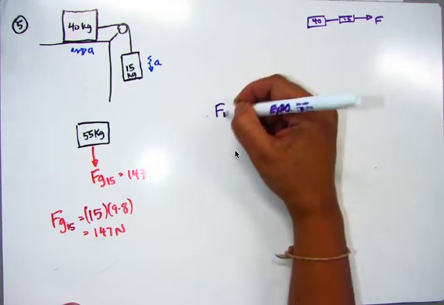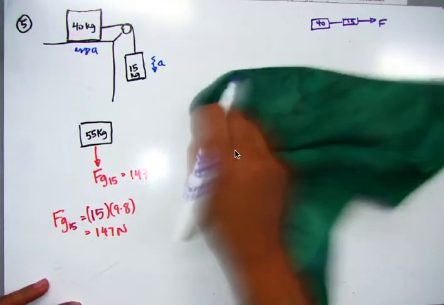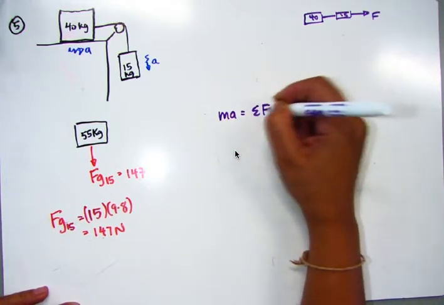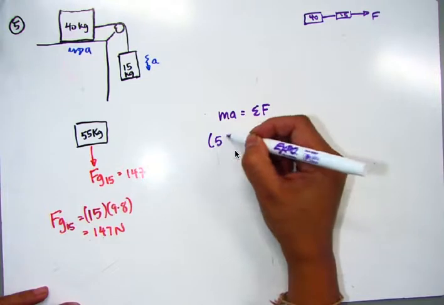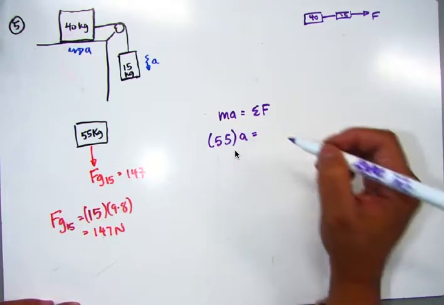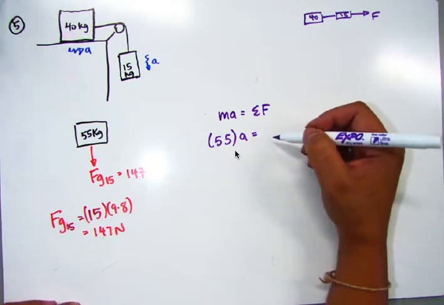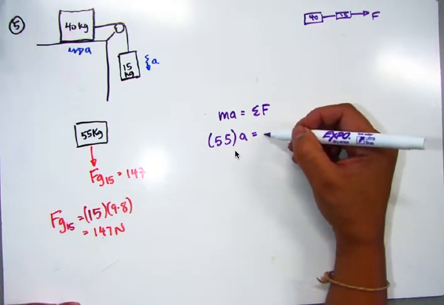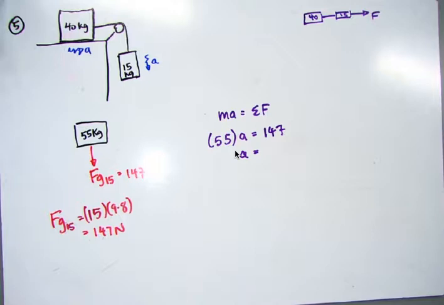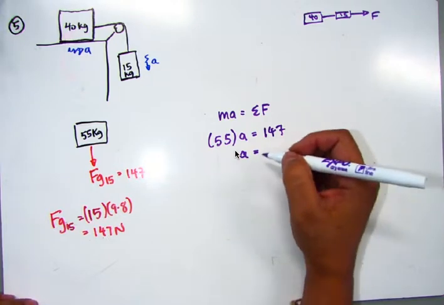So I'm just going to write ma equals the sum of the forces. The mass we said was 55. We want to find a, and since there's no friction, there's no other force impeding its motion. The sum of the forces is just 147. So a is simply 147 divided by 55. That's 2.7 meters per second squared.